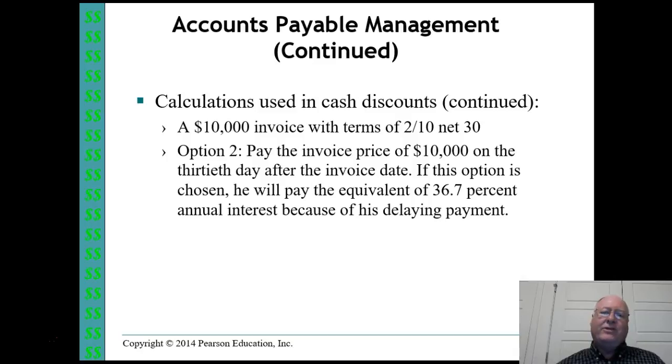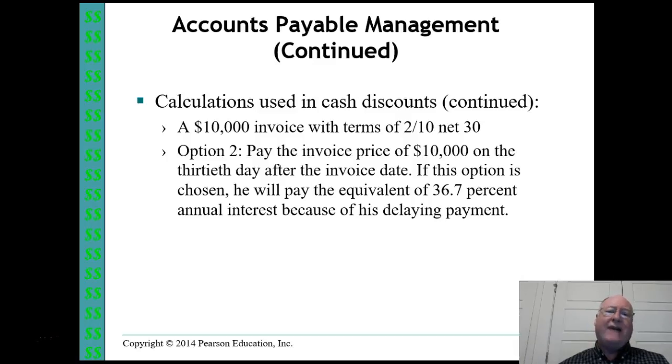Now, let me give you just a word of advice. If you decide not to take advantage of cash discounts, with 2/10 net 30, you are basically paying 36% interest by delaying your payment.